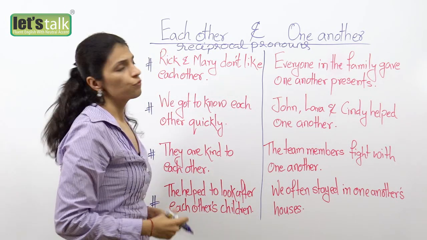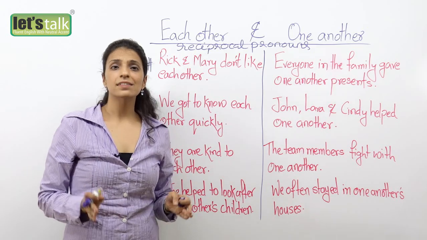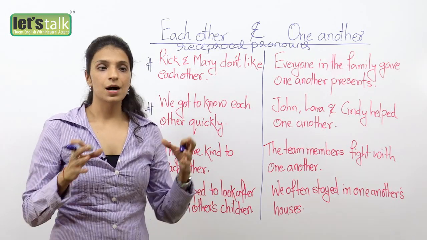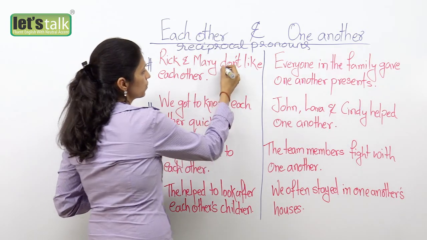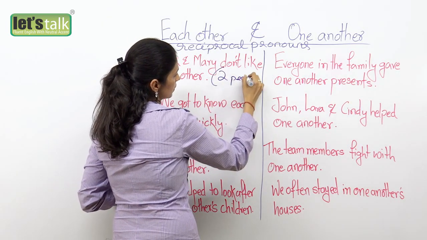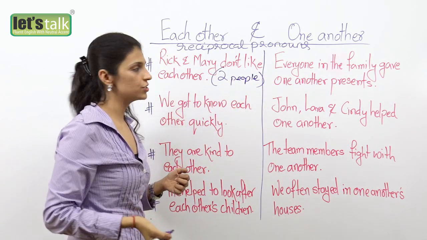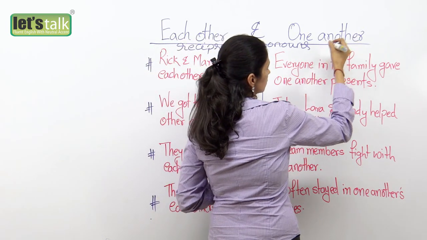So first let me tell you, there is this huge debate. A group of people believe that each other is used for two people, and one another is used for more than two people.